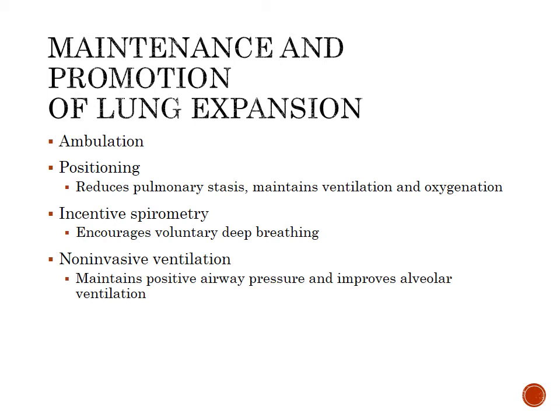Positioning is very important. The most effective positioning for lung expansion is 45 degrees or a semi-Fowler's. Many places they can go as low as 30 degrees, which would be your intubated patients that are on feedings and things as such. The position plays a big role with gravity and how it assists you with lung expansion.